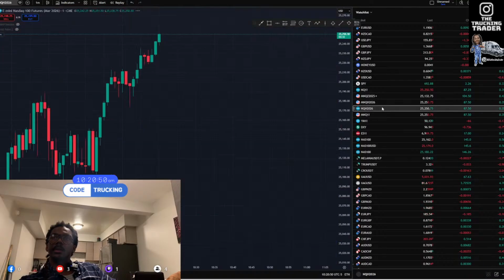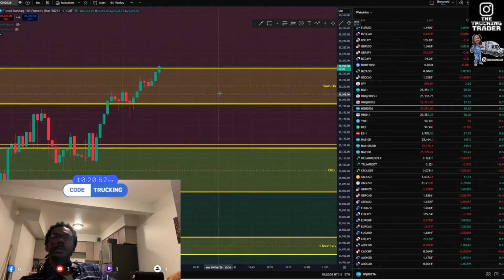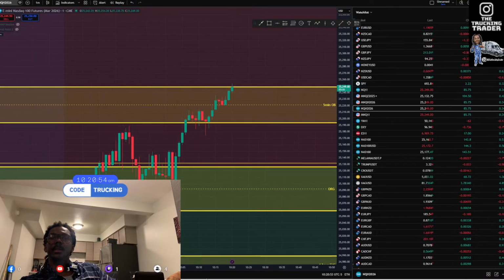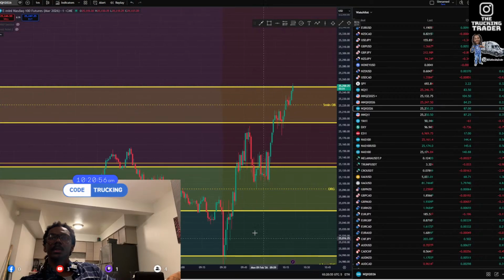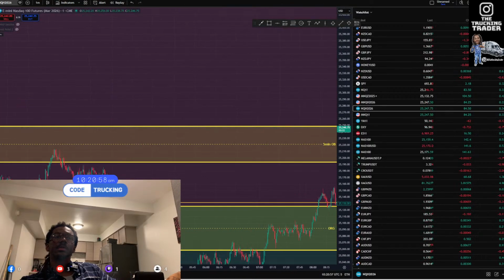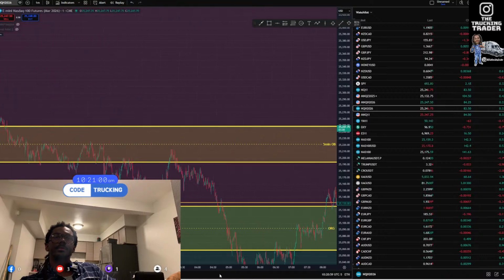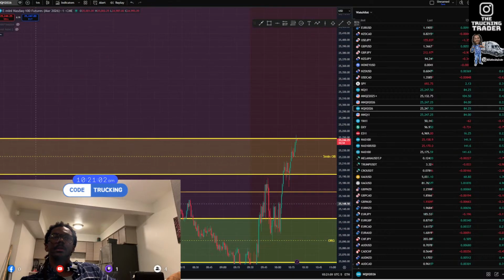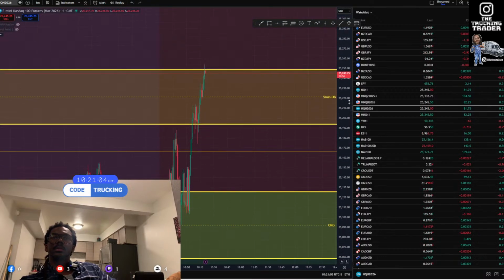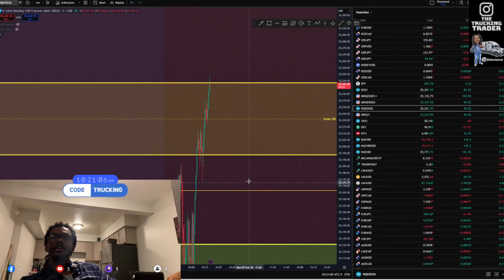So if we take a look at our other chart, you guys can see we're breaking above this 5-minute order block that we talked about earlier, which is also an inversion. So we're breaking above this. Not quite, but we are at the top.